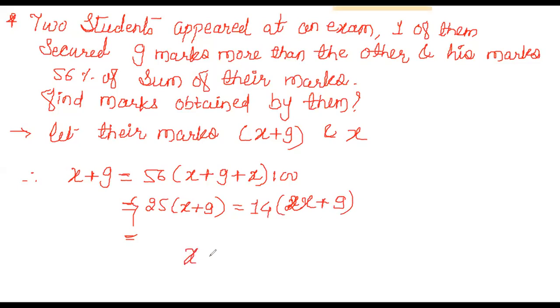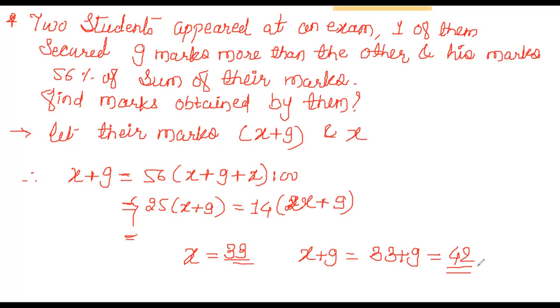So x will be, I think here we are getting that x is equal to 33, right? x is equal to 33 and the second number will be 33 plus 9. So the second, x plus 9, is equal to 33 plus 9 is equal to 42. So the marks are 33 and 42.